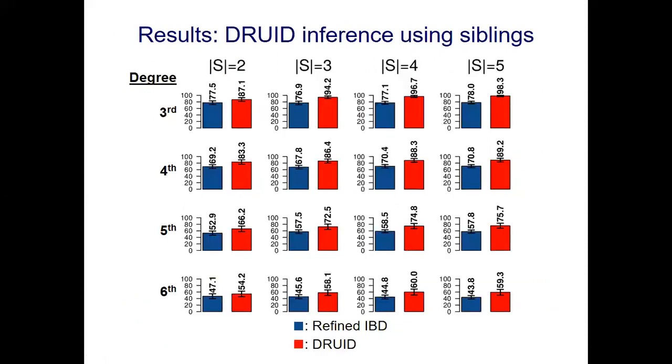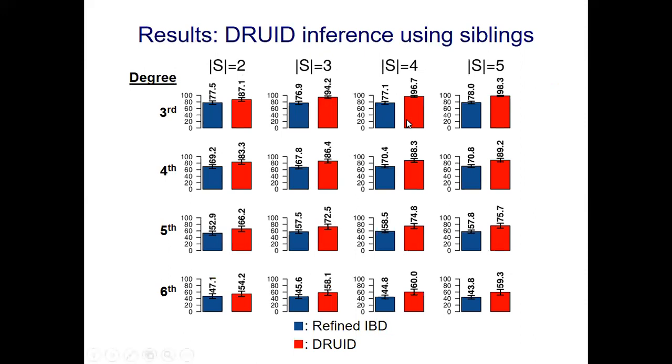So now I'm going to show you a set of results. Throughout all of these results are based on simulations, but we have real data in the paper that recapitulates these findings very closely. So here what we have are a set of, in some sense, there's an x-axis here where we have between 2 and 5 siblings that we use in our analysis, and then there's implicitly one distant relative that we're computing the degree of relatedness to.